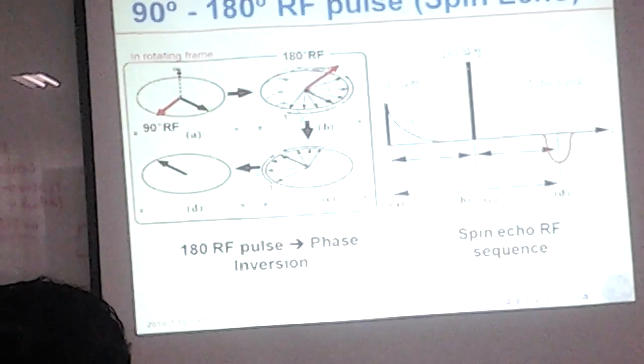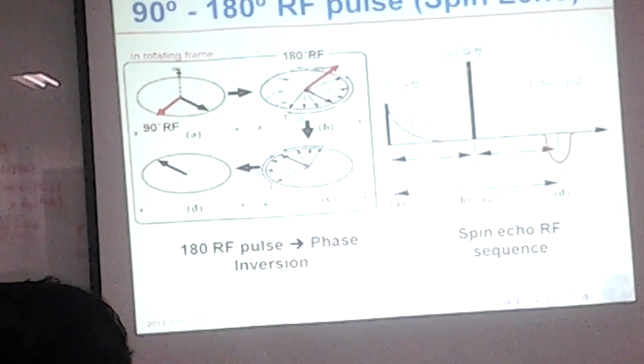And we call spin number one faster than spin number two because the spins are flipped here. Okay. So after the 180 RF pulse, the spins have positions according to each rotation speed like this.